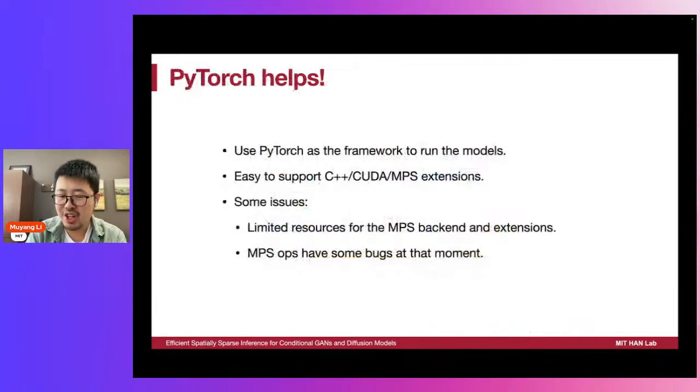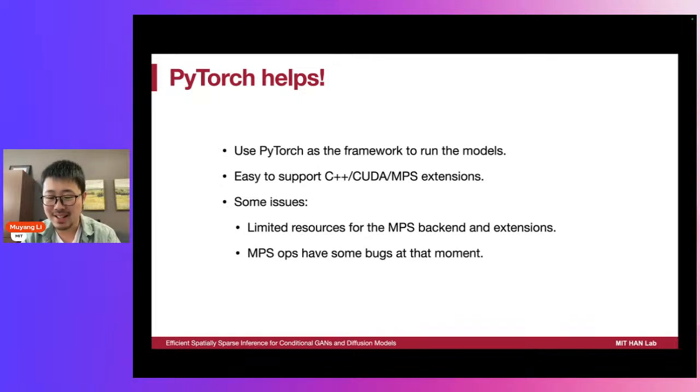And I think PyTorch helps a lot in our project. So we use PyTorch as our framework to deploy our models, since it can seamlessly support and run my customized C++, CUDA, and MPS extensions. But we also met some minor issues during the project when deploying the demo.